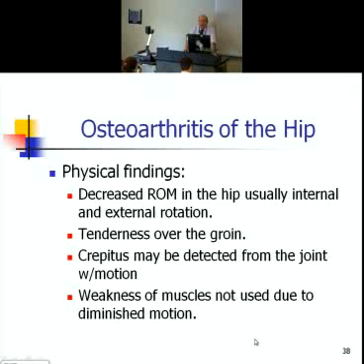Many times as patients lose motion, remember, if you can't move a part all the way, the range of motion is limited, the muscle that serves that joint is going to get weaker. So if I cannot bend my elbow all the way to here, if I can only bend my elbow to here, this elbow is going to get weaker because I'm limiting the motion and therefore limiting the work of my biceps.